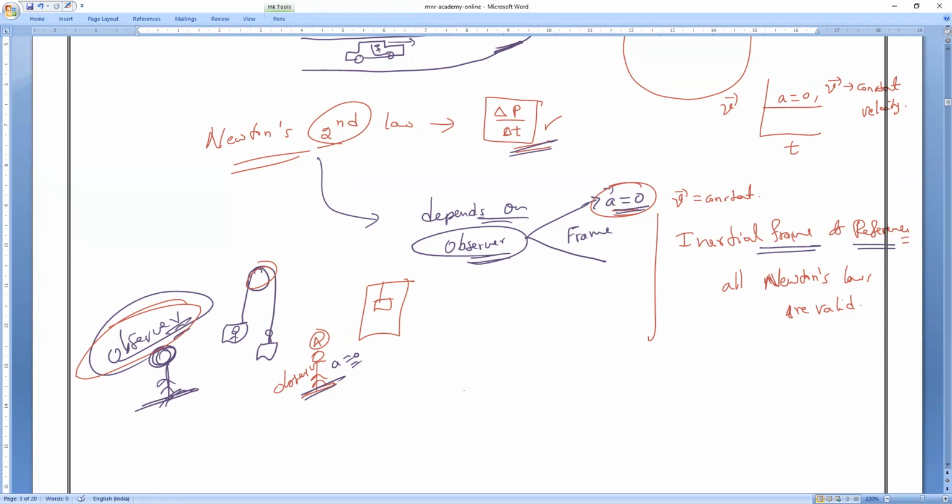Now, for example, imagine there is a lift. My observer is standing inside the lift and there is a mass m going up. Now you tell me, with respect to the observer, is the mass m in a state of motion or a state of rest? That is my question to all of you. Of course, the mass is going up, so acceleration is upward.